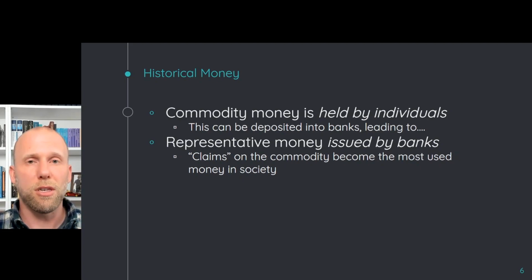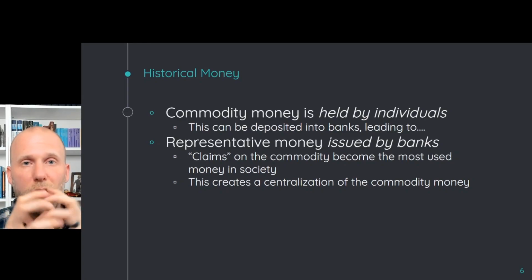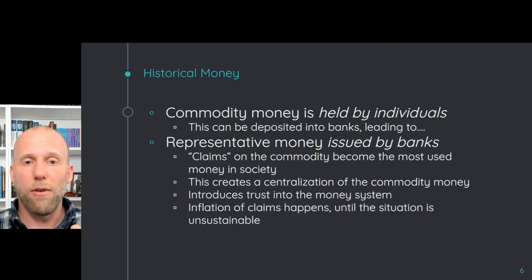Now they're using this claims money. This creates a centralization of the commodity money. All the commodity money is stored in the bank or with the government or wherever, but over time it centralizes all of the commodity money and people aren't used to seeing it or touching it. And this introduces trust into the money system because you're trusting the bank, you're trusting that centralized figure to hold your money well and do right with it.